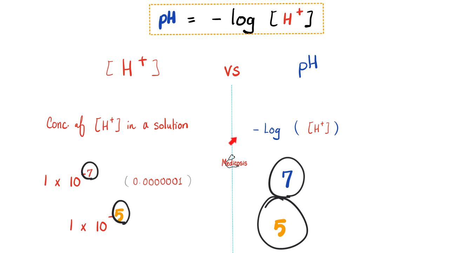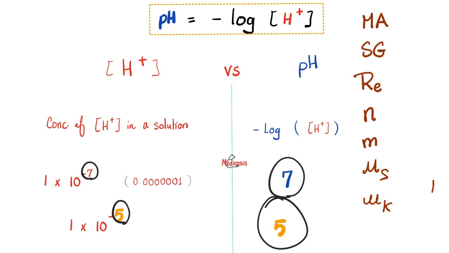And if you're studying for the MCAT, the following physical quantities do not have a measuring unit. These include the pH, mechanical advantage, specific gravity, Reynolds number, index of refraction, magnification, coefficient of static friction, and the coefficient of kinetic friction.